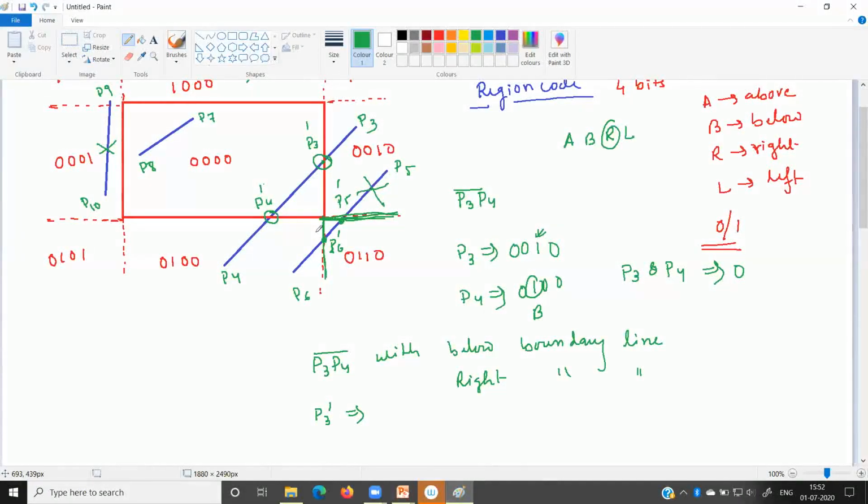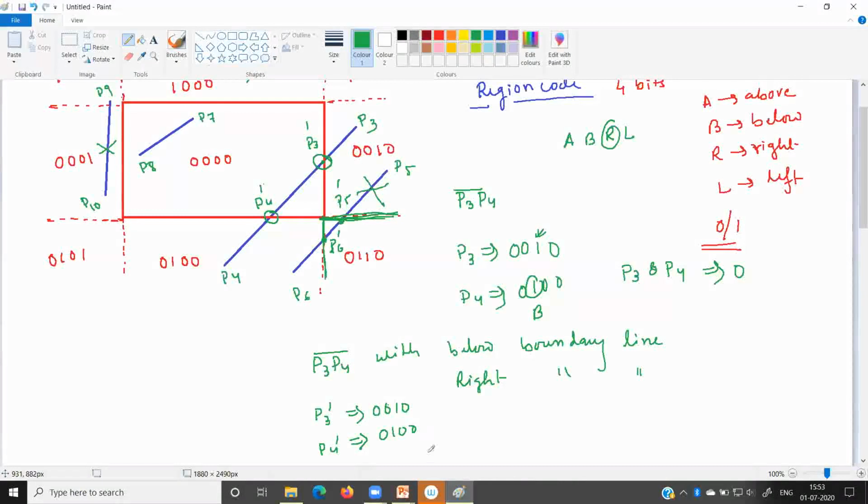Here this line segment is on the right boundary and this is on the left boundary of the line segment. So we have to find out the region codes. The region code for P3 dashed is 0010, and the region code for P4 dashed is 0100.